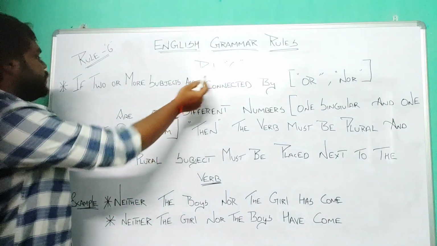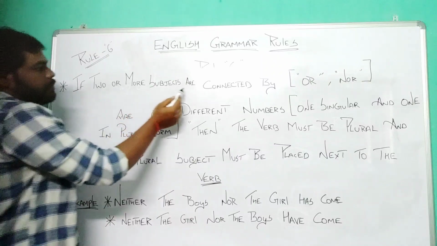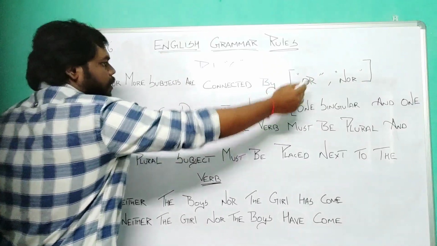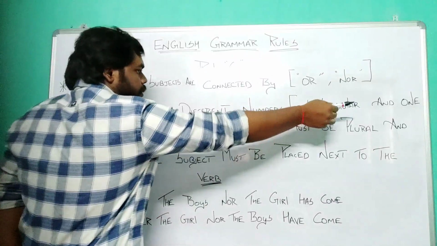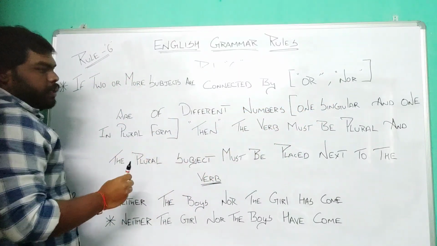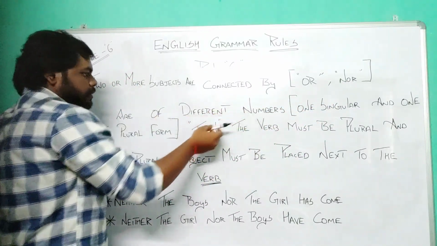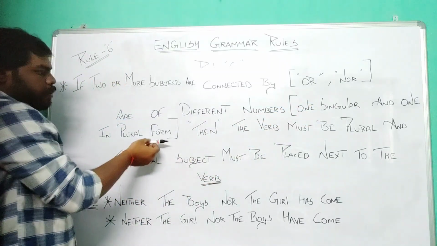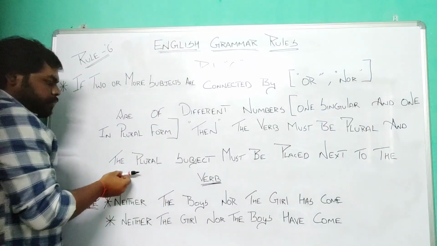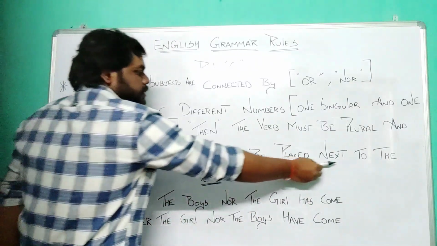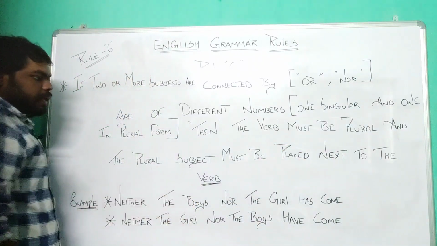So according to rule number 6, if two or more subjects are connected by or, nor, and are of different numbers, one in singular and one in plural form, then the verb must be plural and the plural subject must be placed next to the verb, right.